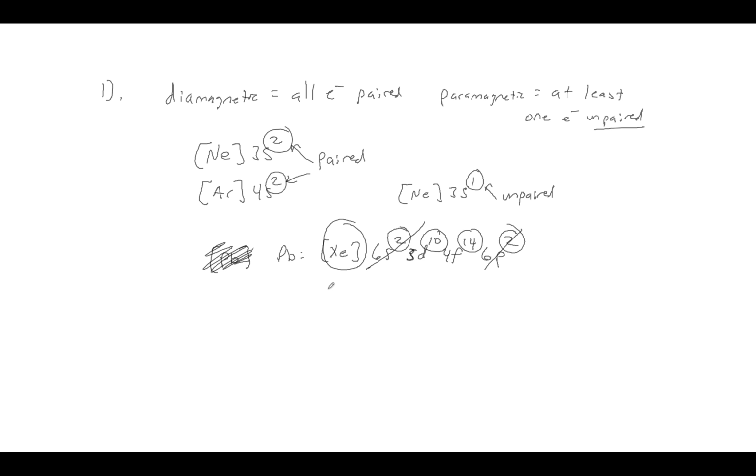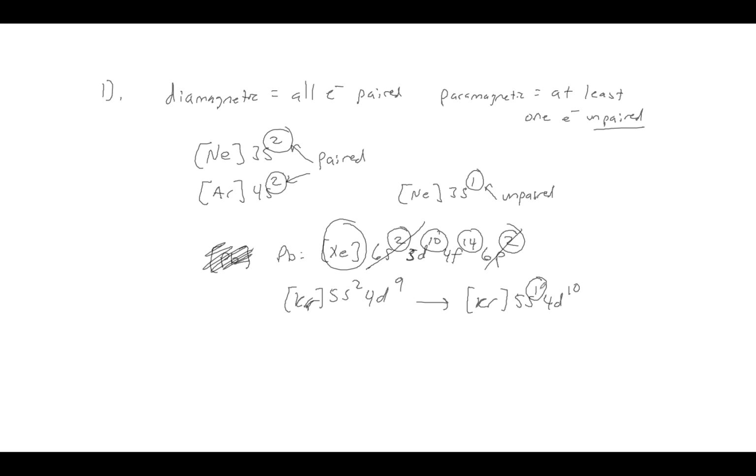And then silver neutral. If we look at silver neutral, silver has the configuration of krypton, and we have 5s2 4d9, but remember this is one of the exceptions because it's right below copper, so we rewrite this as krypton 5s1 4d10, okay?